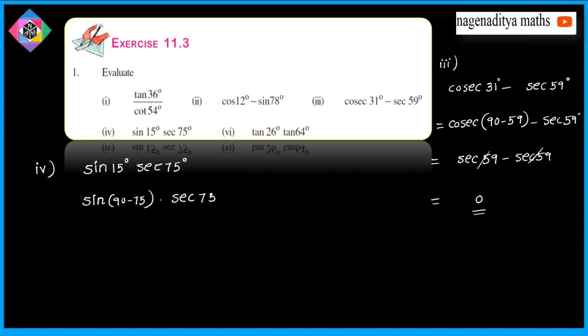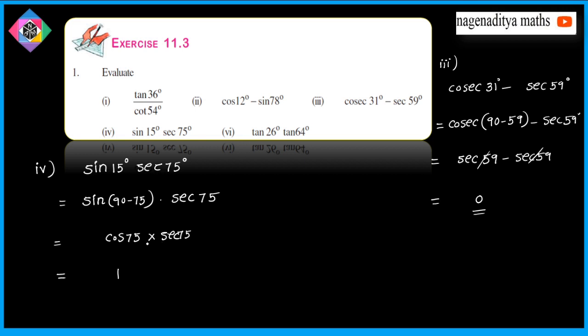Among these two we should change one, not both. So sin of 90 minus theta is cos theta. So this is equal to cos 75 degrees multiplied by secant 75 degrees. Here secant 75 degrees is the multiplicative inverse of cos 75. So the answer is 1.